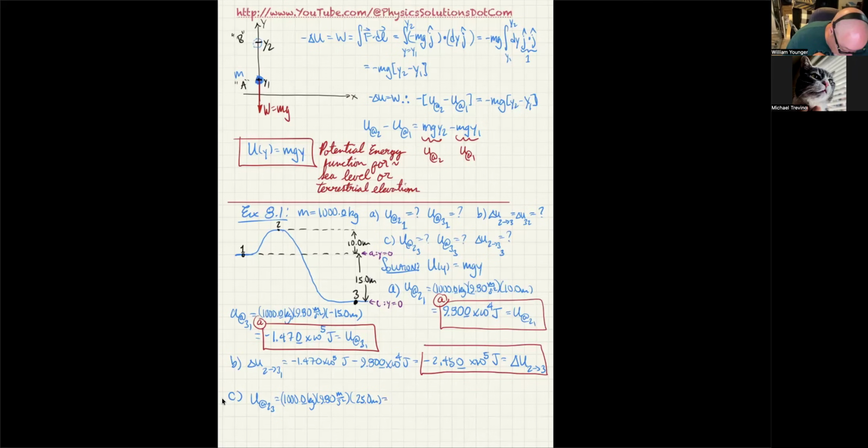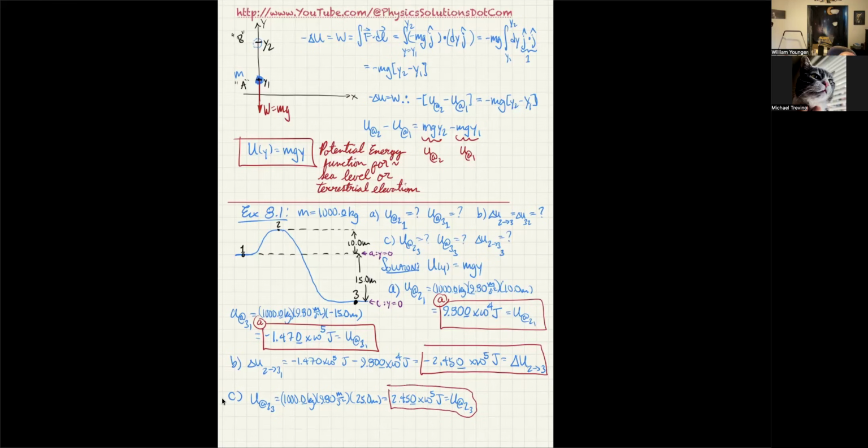So I get 1,000 times 9.8 times 25, and that gives me 2.450 times 10 to the fifth joules, which is equal to U at 2 relative to 3. So I'm going to go ahead and box that off.